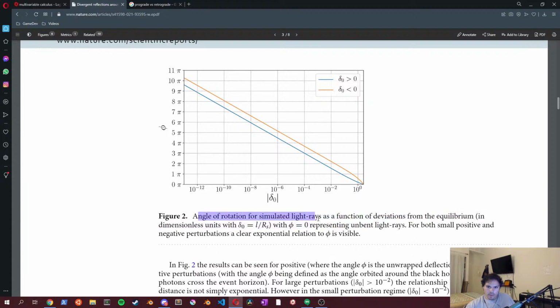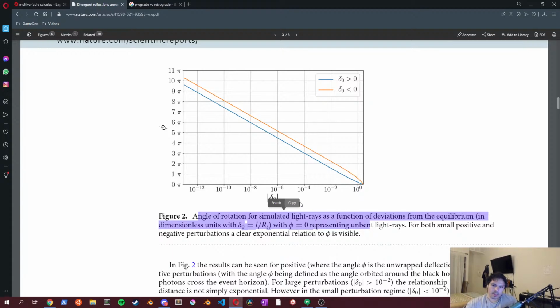Angle of rotation as a function of deviations from the equilibrium, in dimensionless units, distance over Schwarzschild radii. So in number of Schwarzschild radii, with phi equals 0 representing unbent light rays.